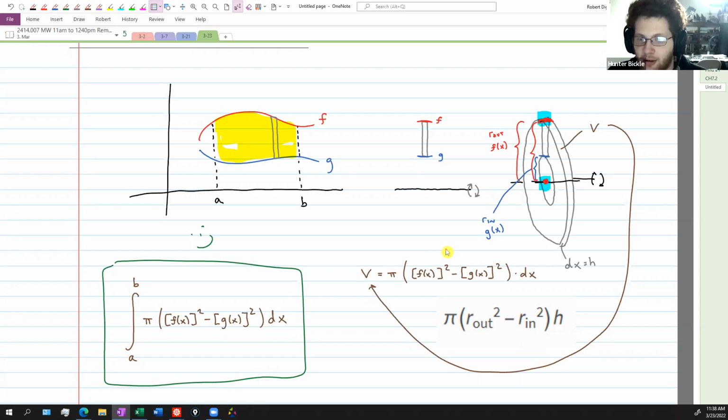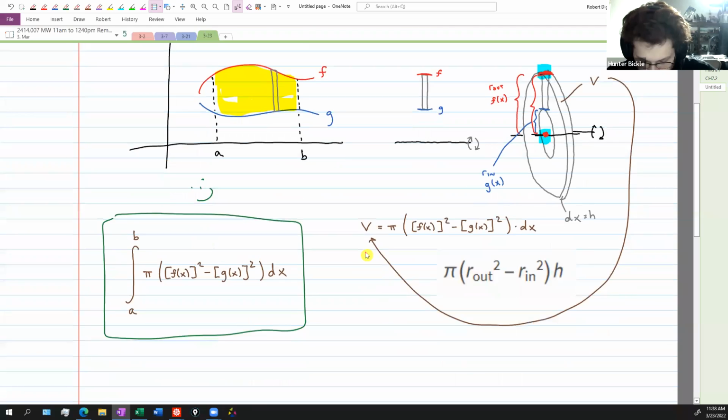You could pick any arbitrary line, I suppose. That's right, I could pick an arbitrary line, and then it's not just f and it's not just g. That's why I'm trying to get you to understand it in the sense that R out will always be the distance from the axis of rotation to the outer edge, and R in will be the distance from the axis of rotation to the inner edge. Whatever it turns out to be, that's what we need to find.